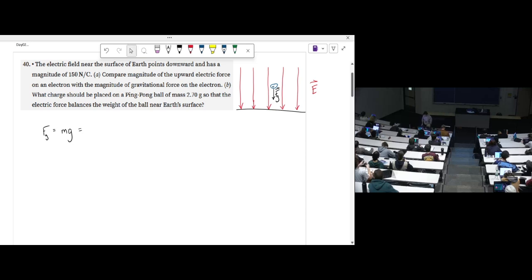And the mass of an electron is 9.11 times 10 to the minus 31 kilograms, times gravity, 9.81 meters per second squared. And in that case, you get a force that is 8.93 times 10 to the minus 30 newtons. So a really, really tiny insignificant force.